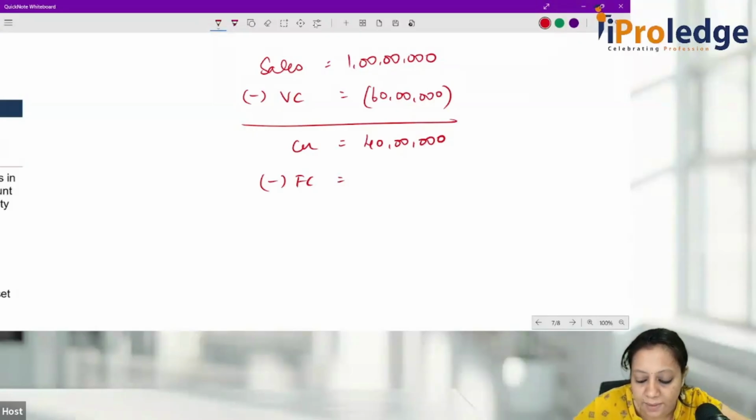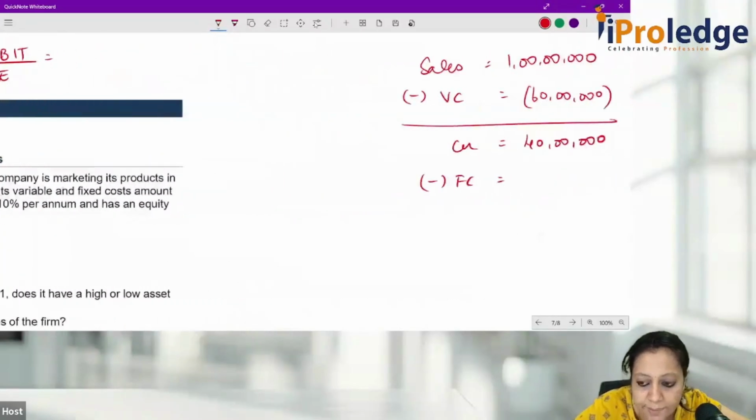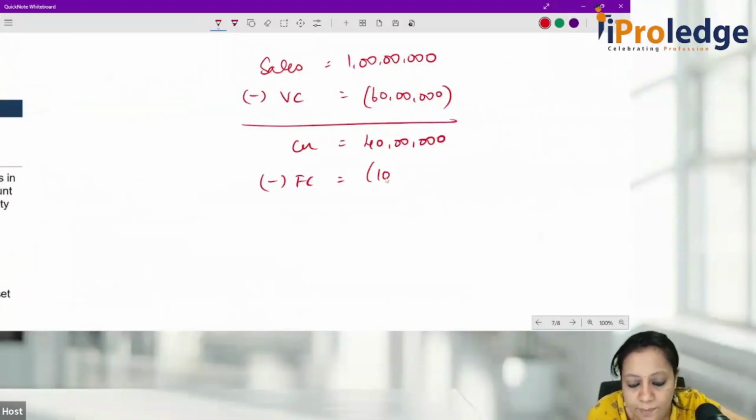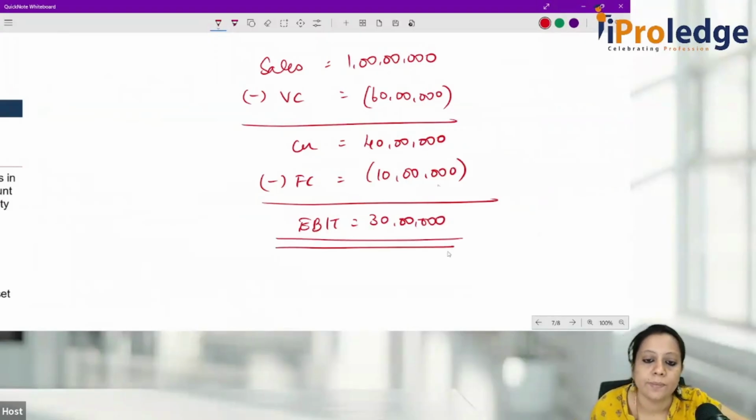Minus fixed cost is given to be how much? 10 lakhs. That means EBIT is equal to 30 lakhs. So we all know this very clearly. Okay.